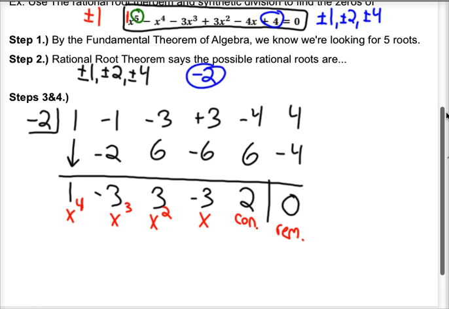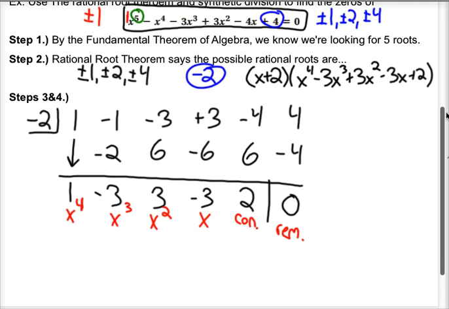Once we broke this down, we factored out the factor of x plus 2, and now we have left x to the 4 minus 3x cubed plus 3x squared minus 3x plus 2.